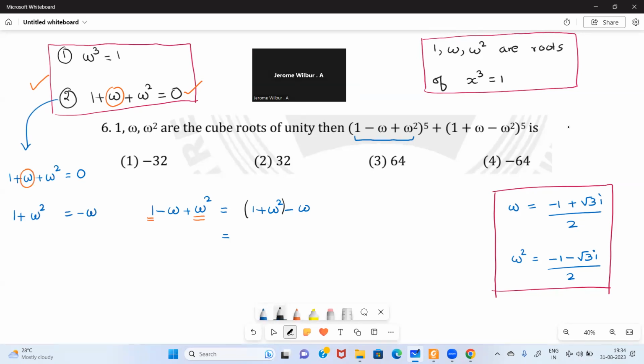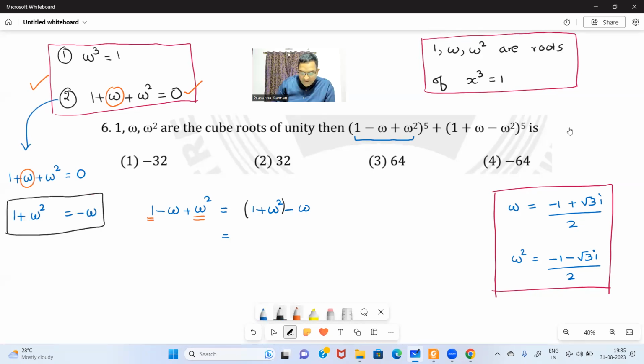Minus omega. Exactly. So in place of 1 plus omega square, I can substitute minus omega. And already I have a minus omega. So what do I get? Minus 2 omega, correct? What is minus x minus x? Minus 2x. Clear?